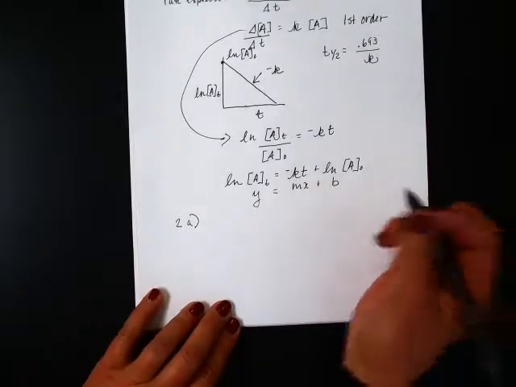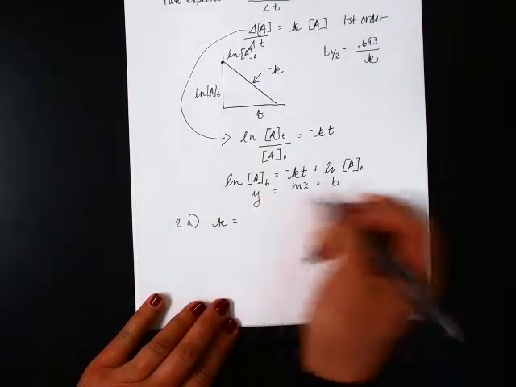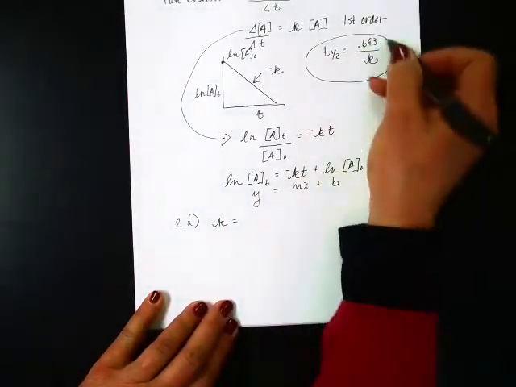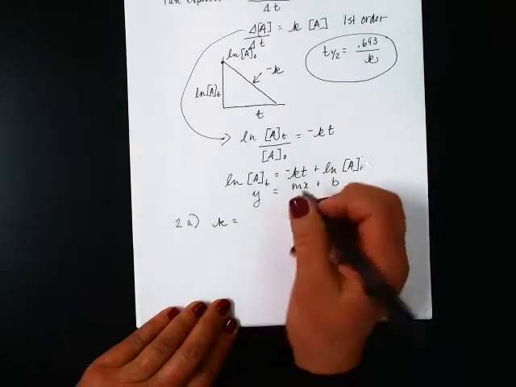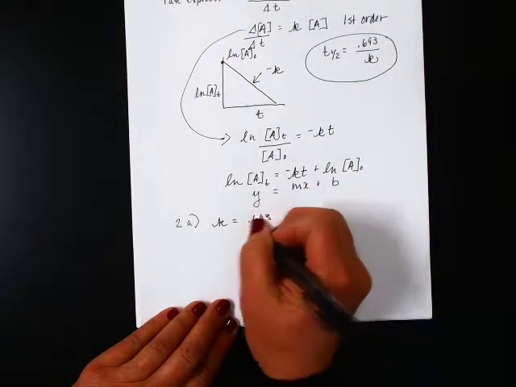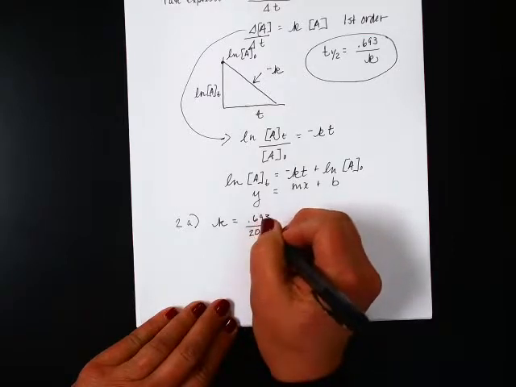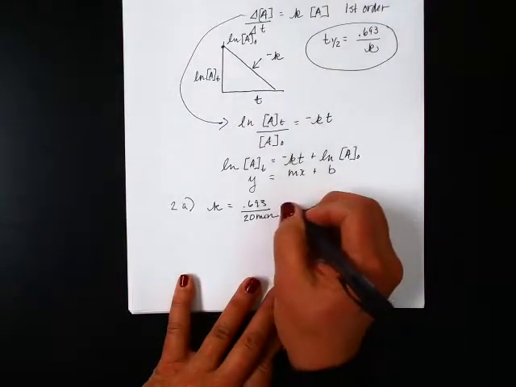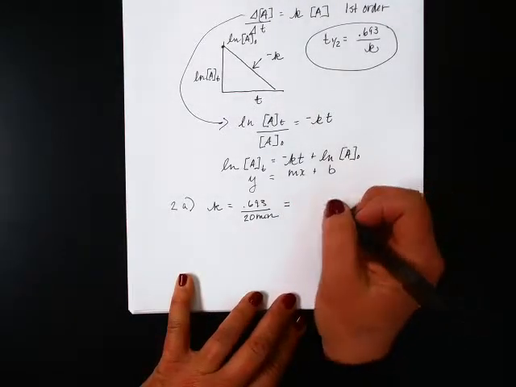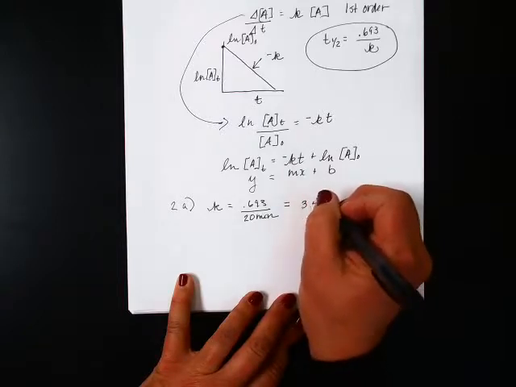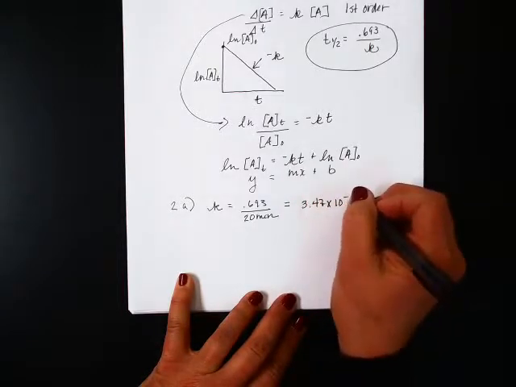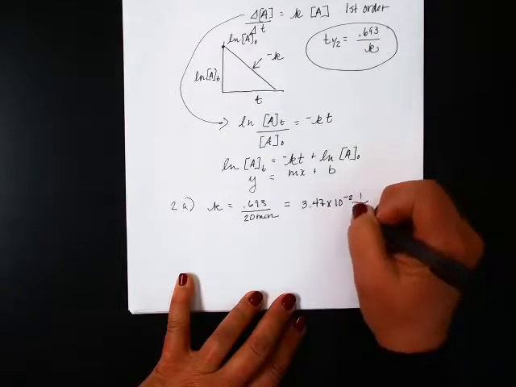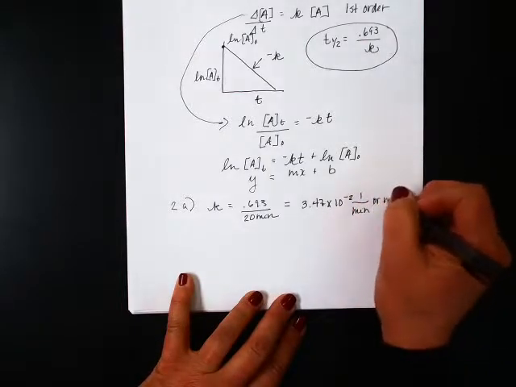So k equals, we've just rearranged this equation, 0.693 divided by 20 minutes. Now, if you encounter a problem that has time units other than seconds, it is fine just to leave them in those units. You don't have to convert to seconds. So we have a rate constant of 3.47 times 10 to the negative 2, 1 over minutes, or min to the minus 1.